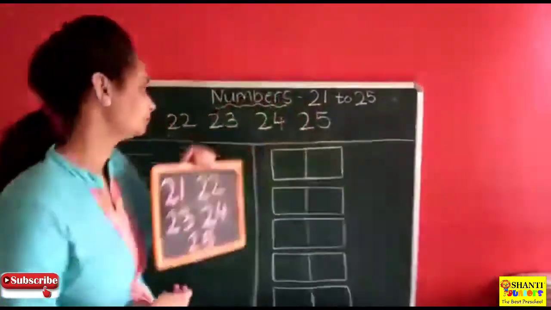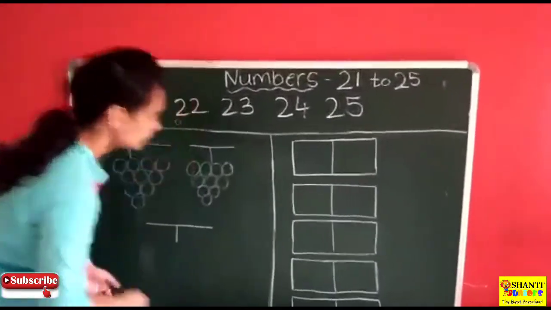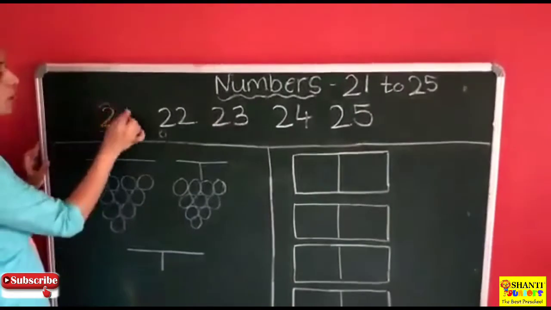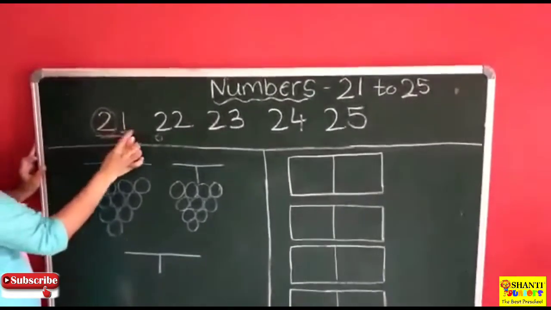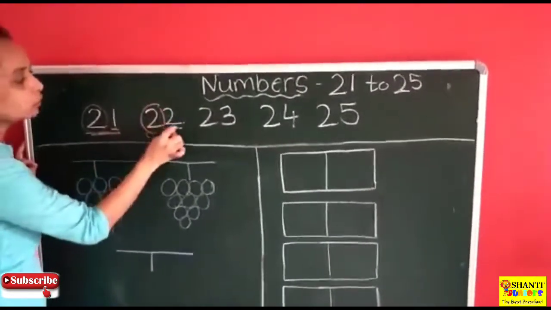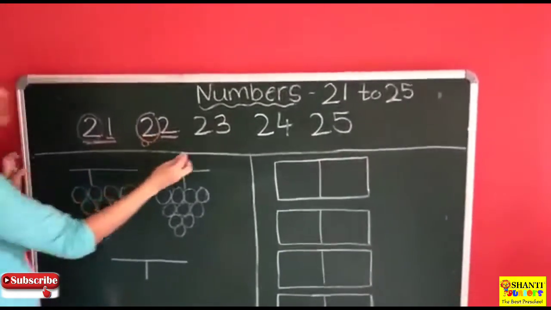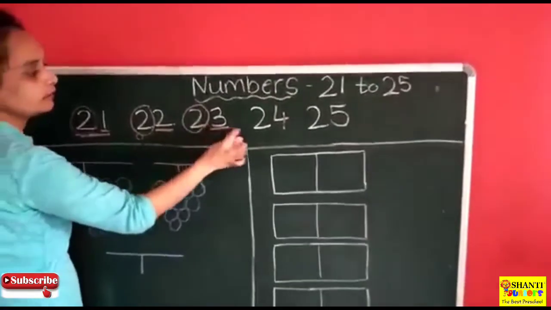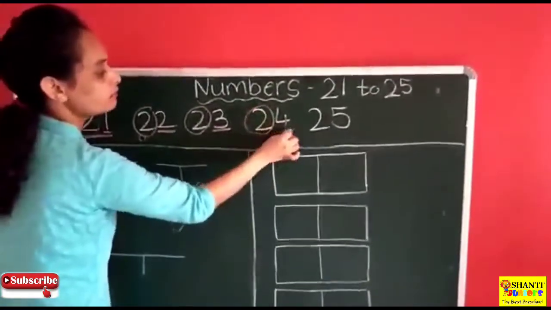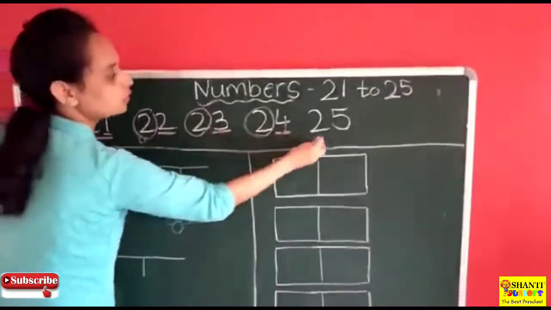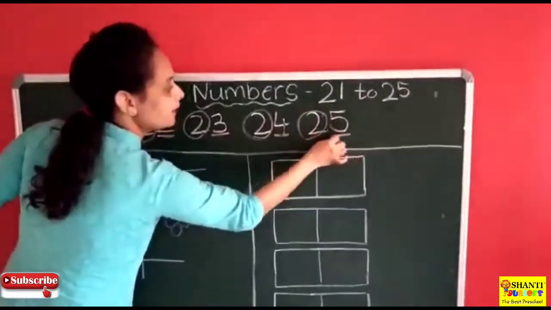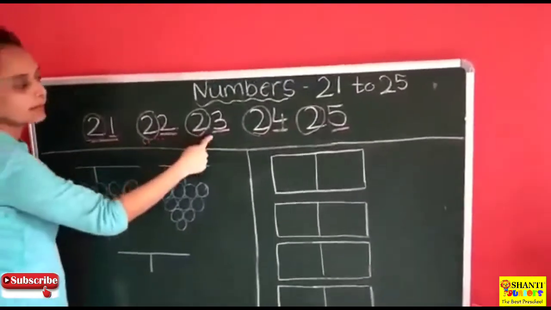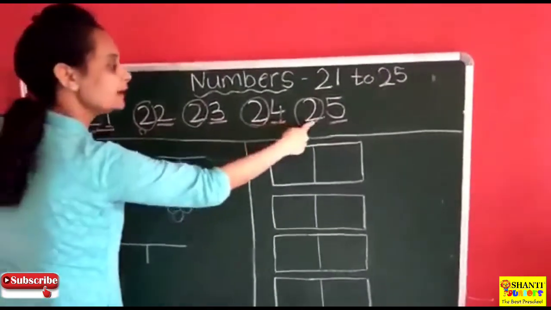So let's start. Children, over here I have written number 21. 2 and 1 become 21. 2 and 2 becomes 22. 2 and 3 become 23. 2 and 4 become 24. 2 and 5 become 25. 21, 22, 23, 24, 25.